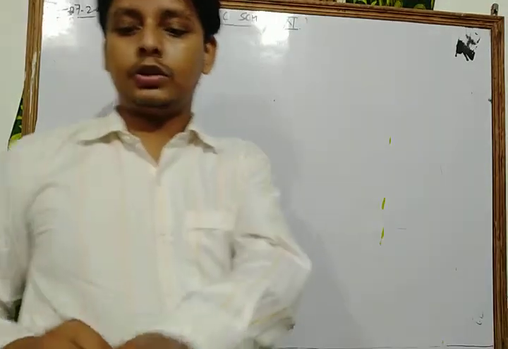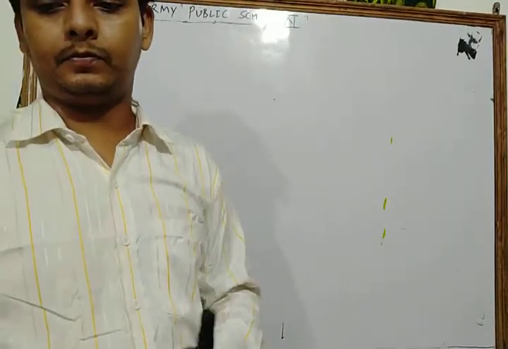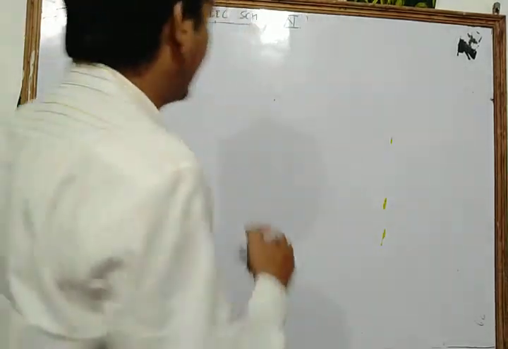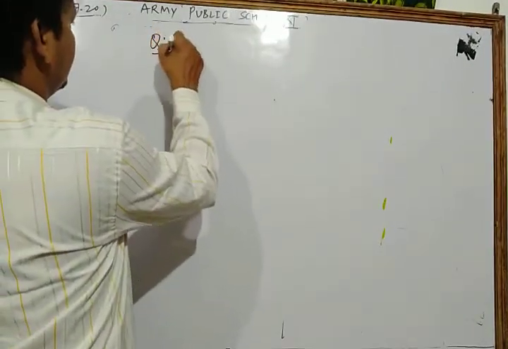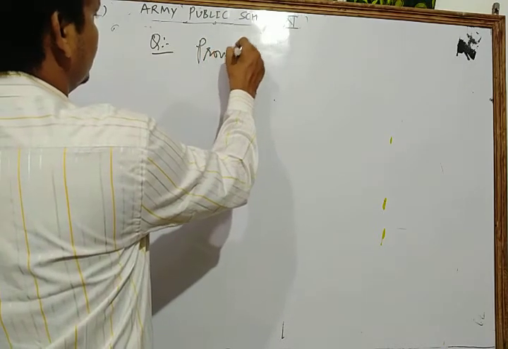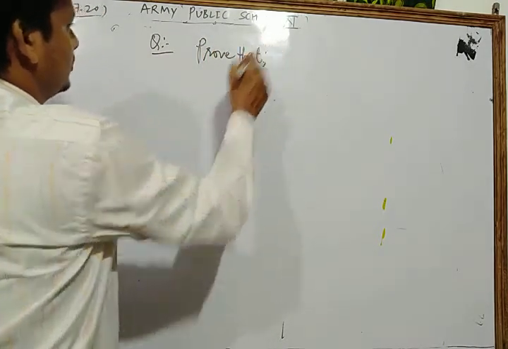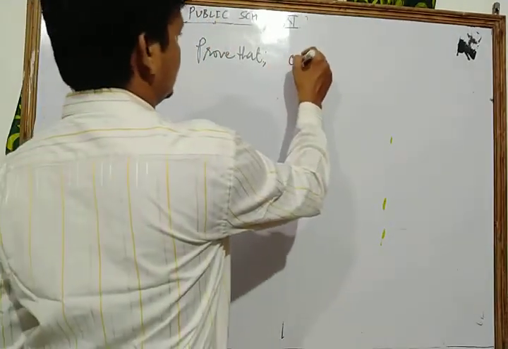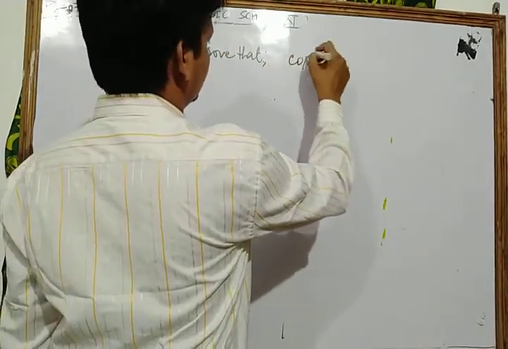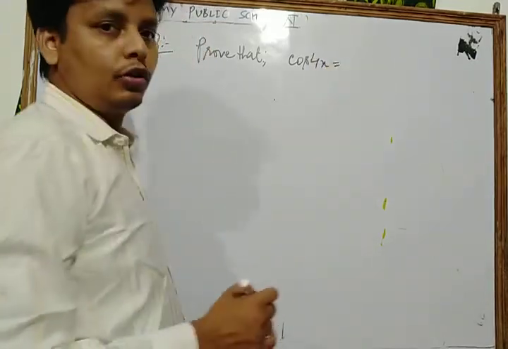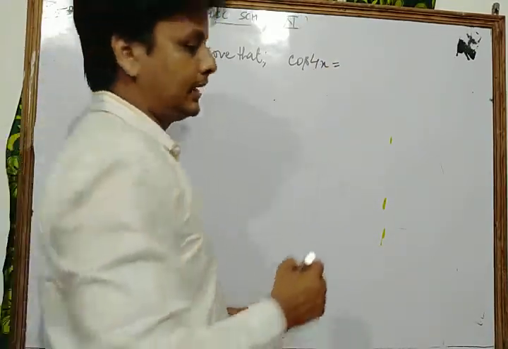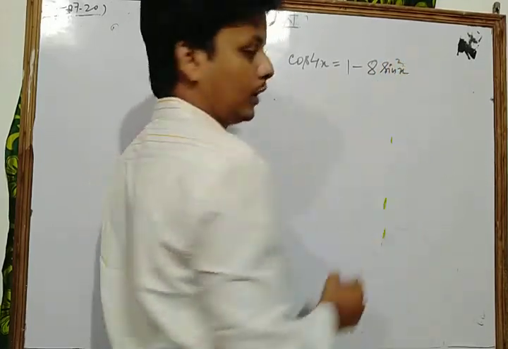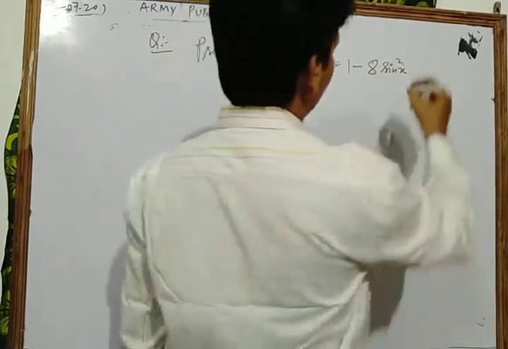Now we take some other questions based on same concept. Prove that cos 4x is equal to 1 minus 8 sin square x into cos square x.